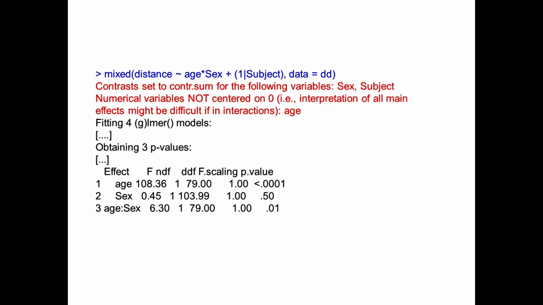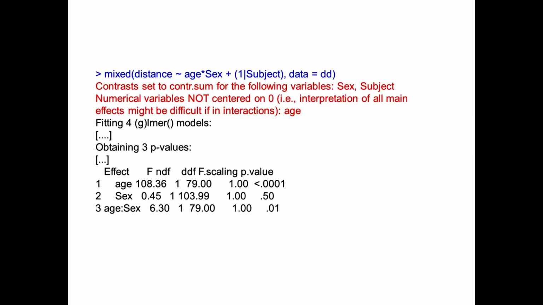This is a call from the AFEX package, so mixed, and we give it the same equation that we used before when we were calling LMER, lemur, as I call it, limmer and lemur. I don't know if that's what people actually call it, but that's what I call it. And so you run this, and this is going to generate your beloved p-values using the Kenward-Rogers approximation.